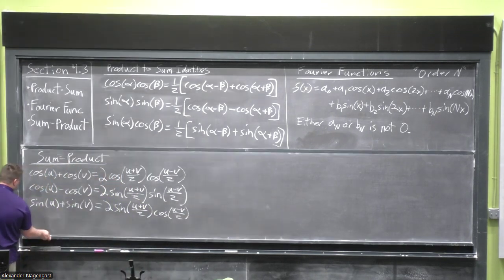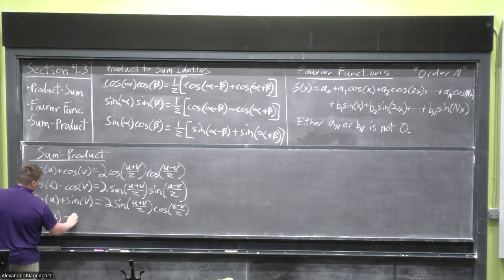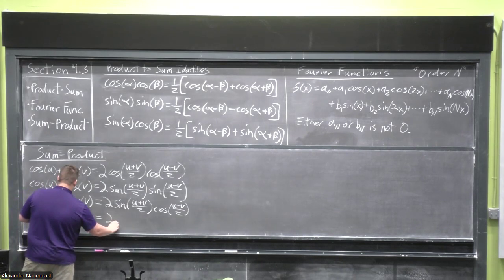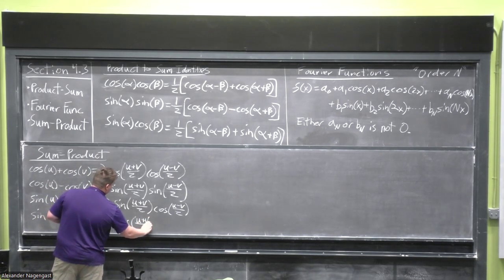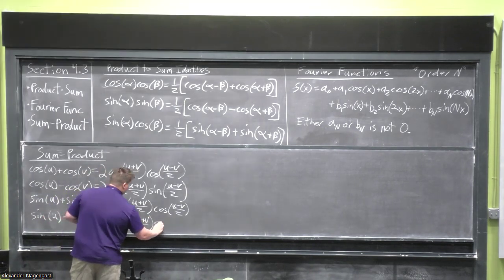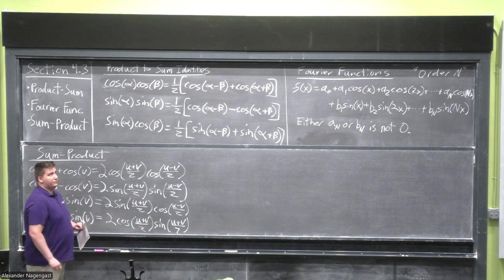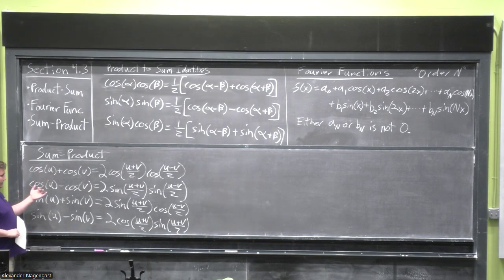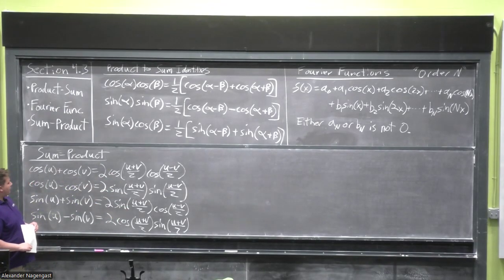And finally, we can have sine of u minus sine of v, which equals 2 times cosine of u plus v divided by 2 times sine of u minus v divided by 2, which covers all instances of cosines and sines being converted into a product.